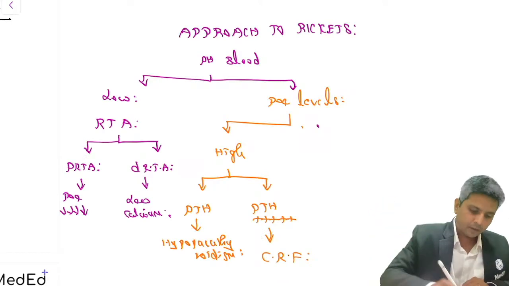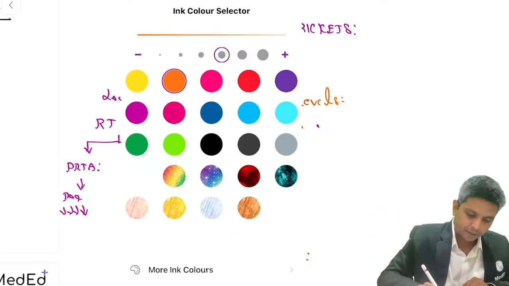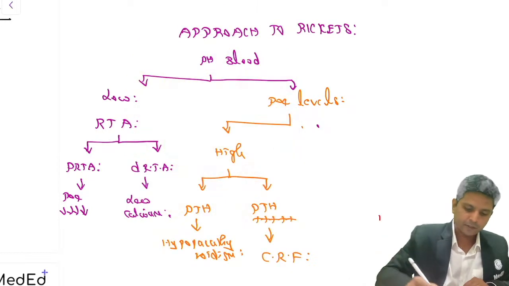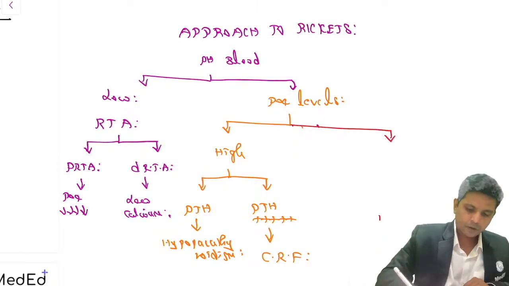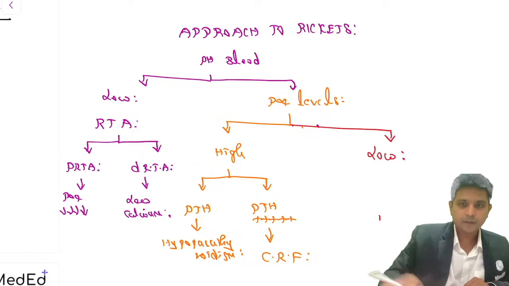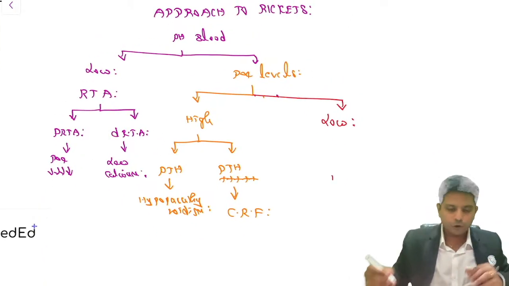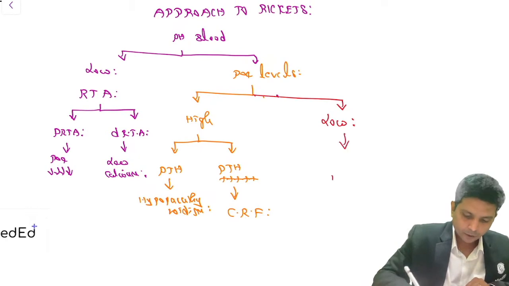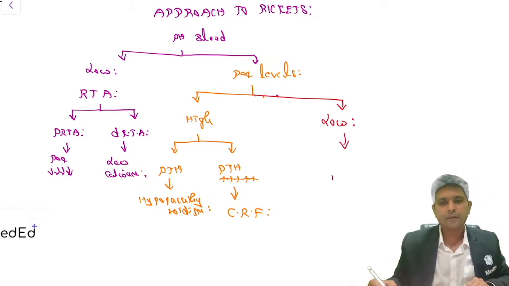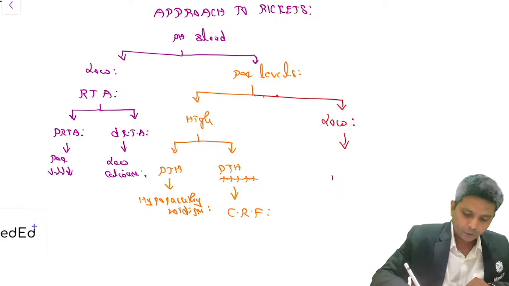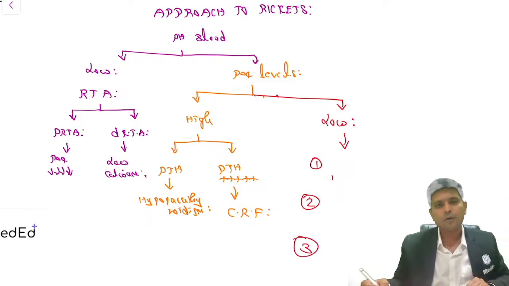Third, if the phosphorus is low, then you need to look for three things. 1, 2, 3. You need to look for three things when the phosphorus is low.